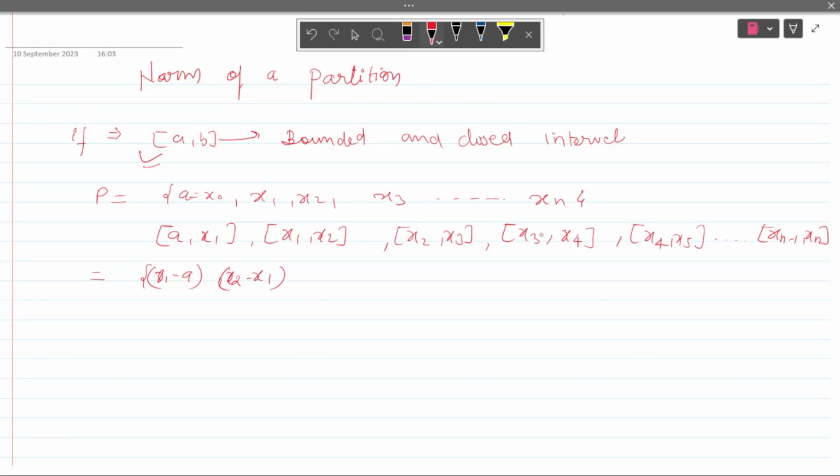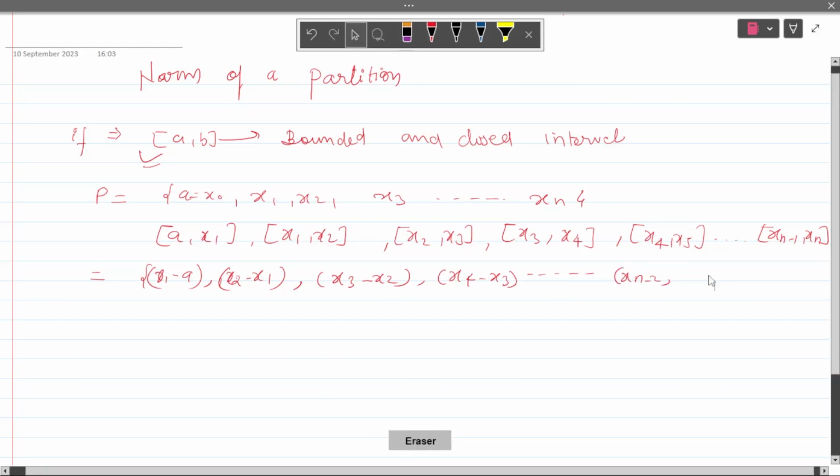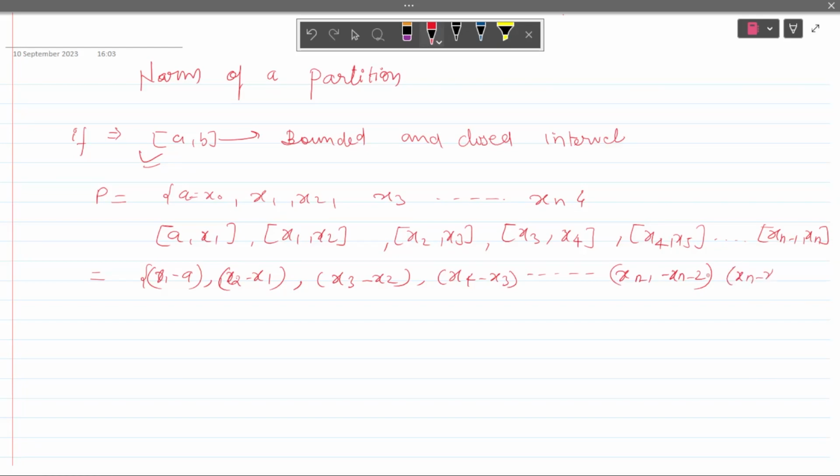We are taking the length of all these subintervals: x3 minus x2, x4 minus x3, till the last ones, xn minus 1 minus xn minus 2, and xn minus xn minus 1. Wait a second, I have written it wrong. This is the set of the lengths of all the subintervals.